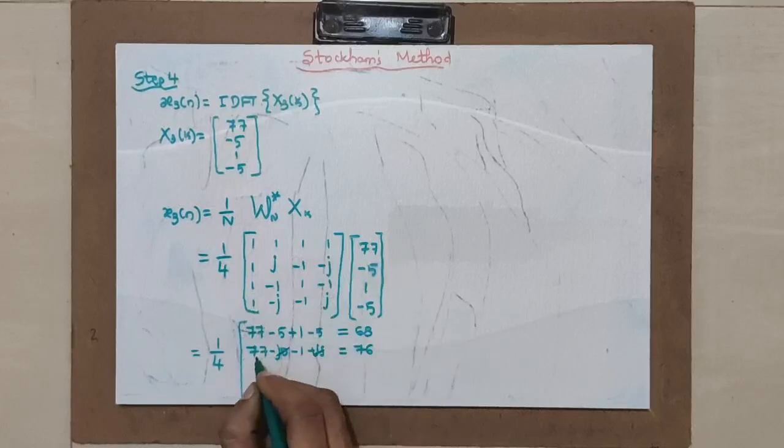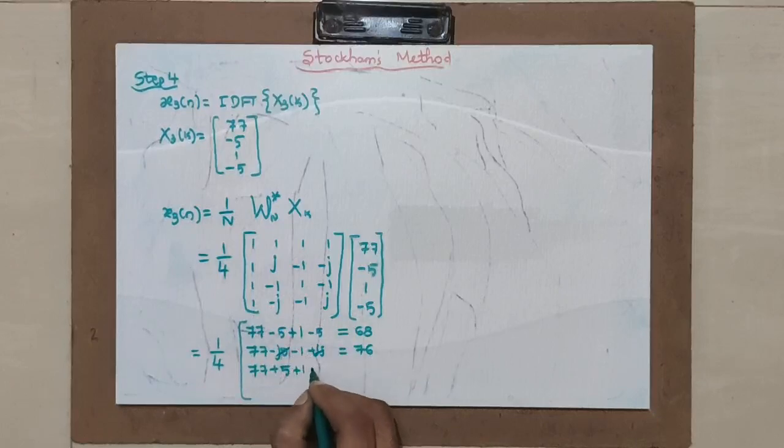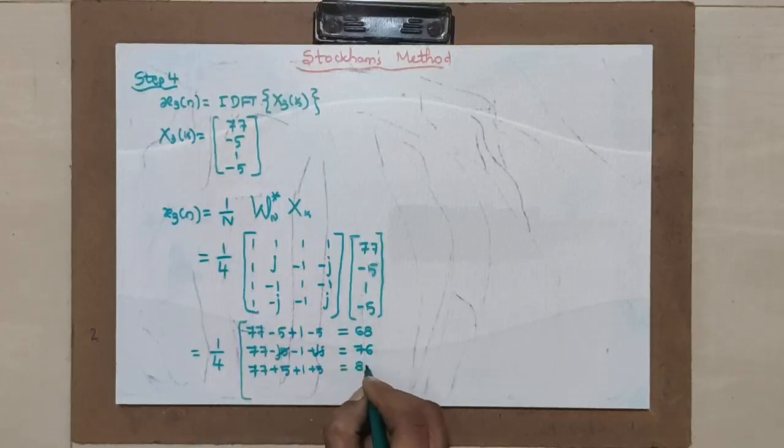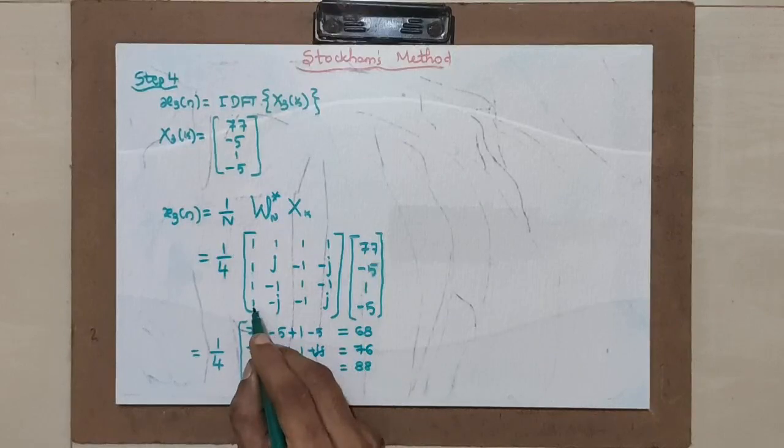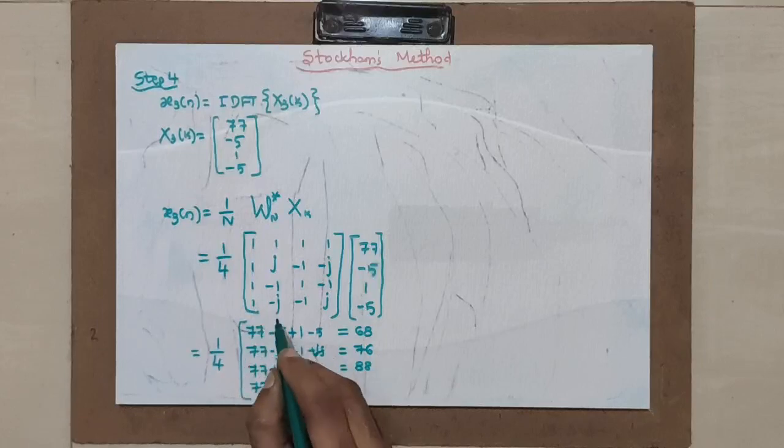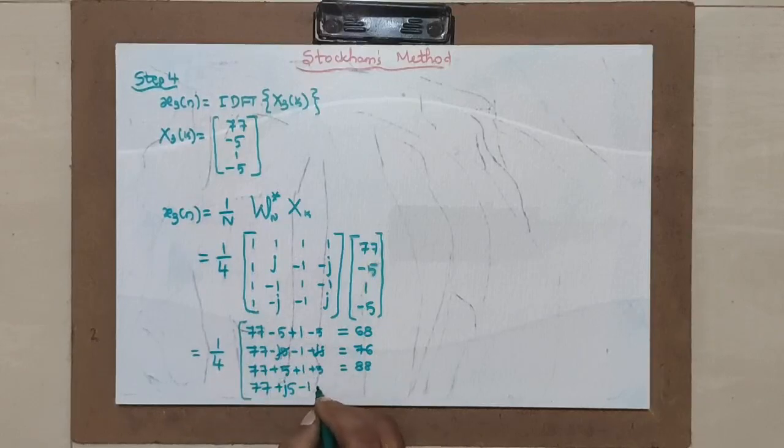Next, 77 plus 5 plus 1 plus 5: 77, 10, 87, 88. The last answer: 77 plus j5 minus 1 minus j5. Plus j5 minus j5 cancels, giving you 77 minus 1, 76.